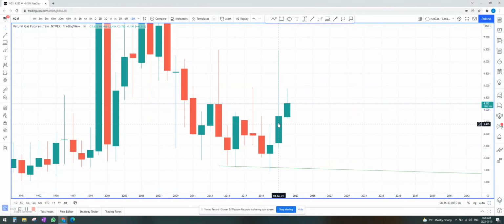First of all, we can see that the green candle closed above the high of 2020, and it closed at 373, and the high of 2019 was 372.2.